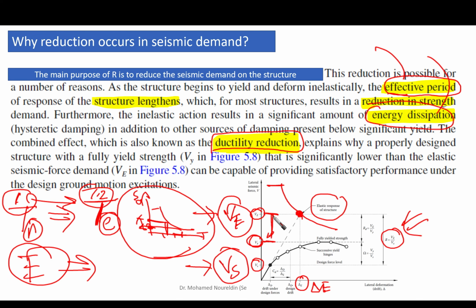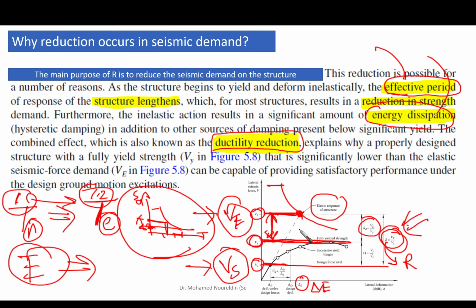Actually, from here to here, there is a reduction factor, which is VE over V yield. But from VE to VS, this is the response modification factor. This is why in the codes you are going to find R, because we are designing at this level. But what the structure really is going to do is behave like this here.